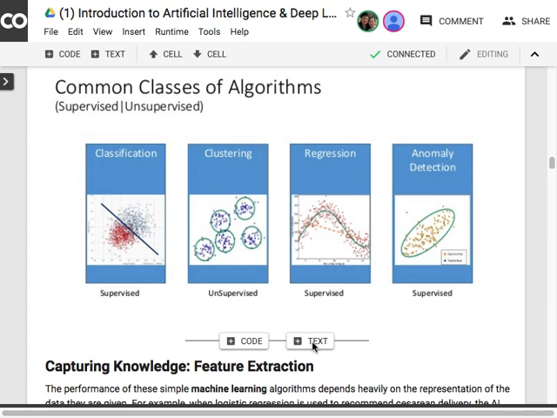And with clustering as well, we don't have the target data, they find the similar characteristics between instances, and they will stick together. And with regression, we see the pattern, we want to see how it's moving up and down. And anomaly detection will try to detect anomalies, something like outliers of the group.